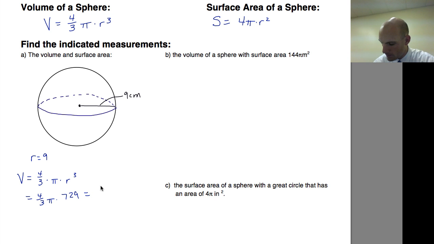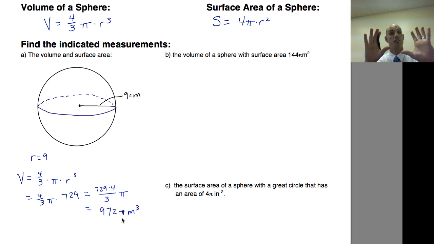So I've got 729 times 4 over 3 times pi. So I'll divide that by 3. And that gives me 972 pi meters cubed. Okay? Leave it in terms of pi because we are once again dealing with a circular type object.